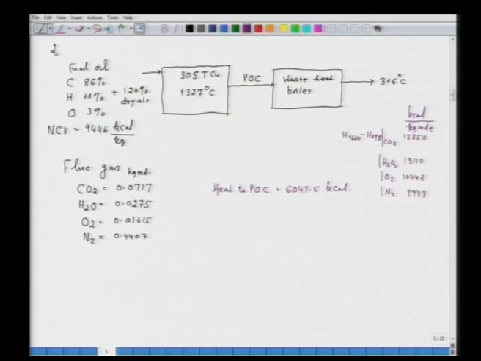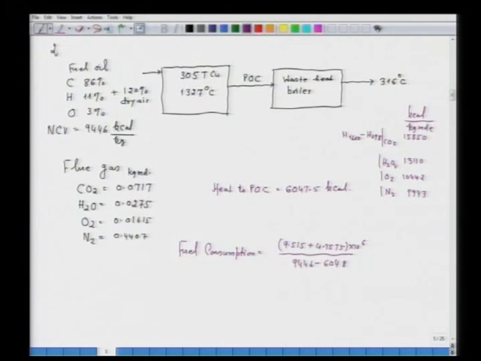So, once that is given, we can calculate now fuel consumption. Fuel consumption will be equal to 9.515 plus 4.7575 into 10 to the power 6 upon 9446 minus 6048.